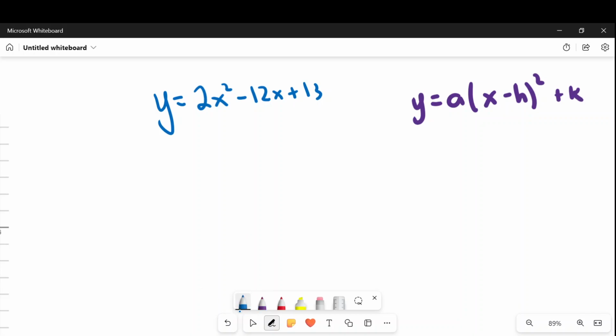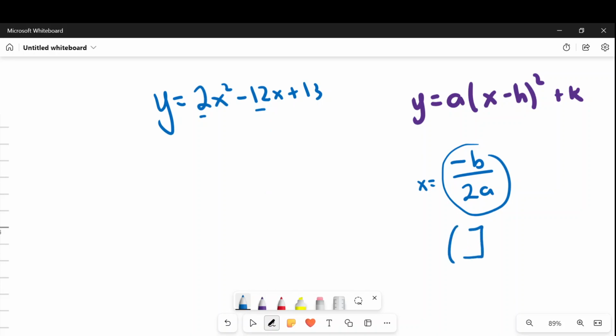So we've talked about a couple different approaches you can take. One of them is to calculate the x-coordinate of the vertex by doing this calculation. If you do this calculation using the a and b values, then that will tell you the first number of your vertex, and then you can calculate the second number.